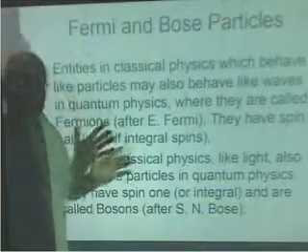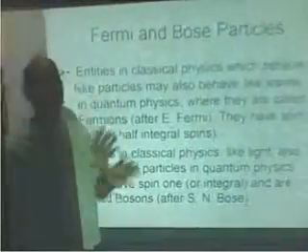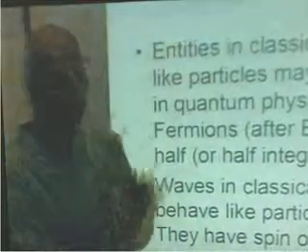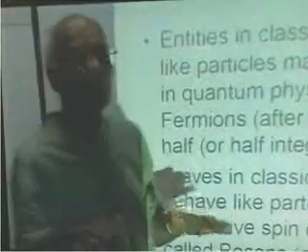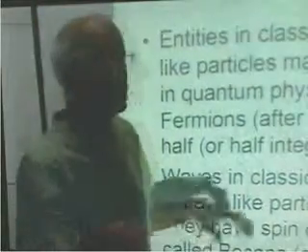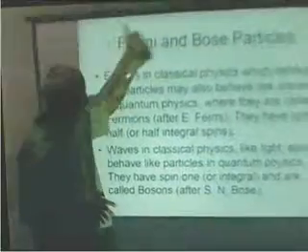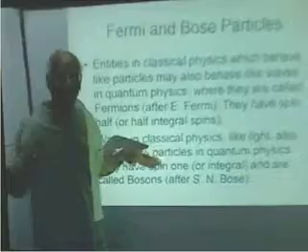What is the characteristic of Fermi statistics? It obeys Pauli principle, or it repels each other. So the particles of classical physics obey Fermi statistics and repel each other when quantum mechanics is applied. Exactly the opposite is true for Bose particles, which are called bosons. The Fermi particles are called fermions, the Bose particles are called bosons. Bosons are like waves in classical physics.